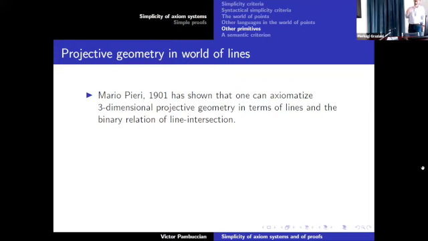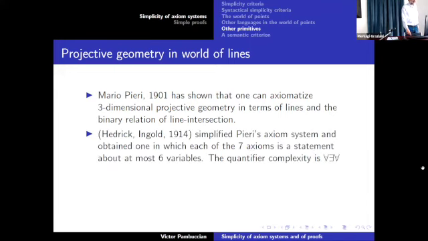Projective geometry, how does that look if you work in a world of lines? Again, Mario Pieri in 1901 has shown that one can axiomatize three-dimensional geometry in terms of lines and the binary relation of line intersection. 13 years later, the axiom system was simplified to one that contains just 7 axioms, and one of them is a statement of 6 variables, the others are less.